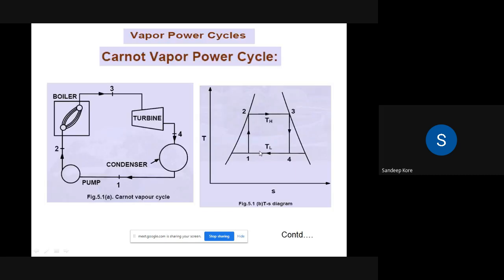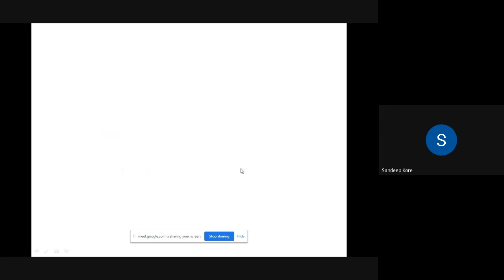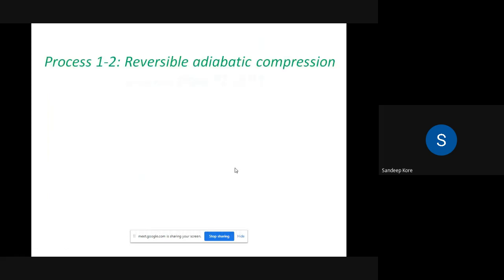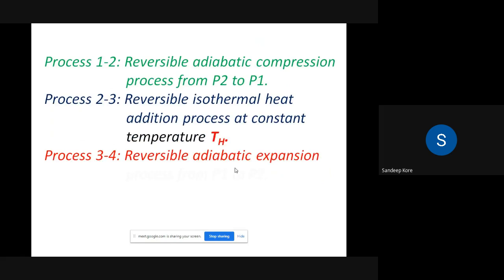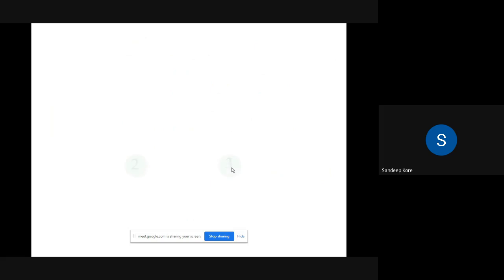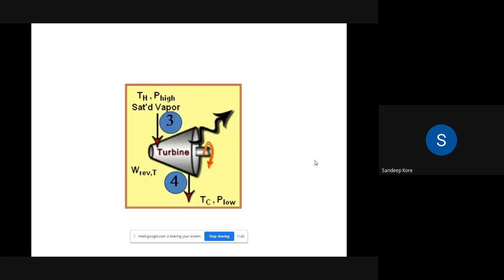This is the TS diagram of a Carnot cycle, consisting of 4 components: pump, boiler, turbine, and condenser. Generally Carnot cycles are theoretical cycles. These are not practically feasible. That's why we go for an actual cycle.